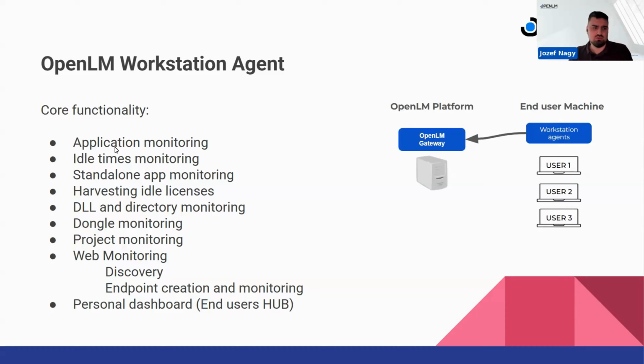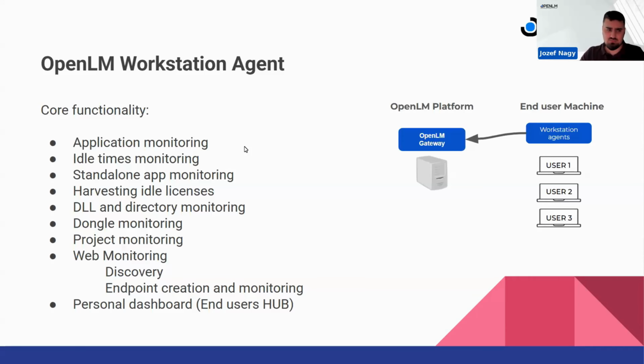This brings us to idle time monitoring. In our UI, you can get information about the idle times. So if somebody checks out a license and maybe goes out and doesn't release the license to the pool, he lets the application keep running, just in case he might not get the application in the future. OpenLM can show you that this application was idle, just in the background and doing nothing.